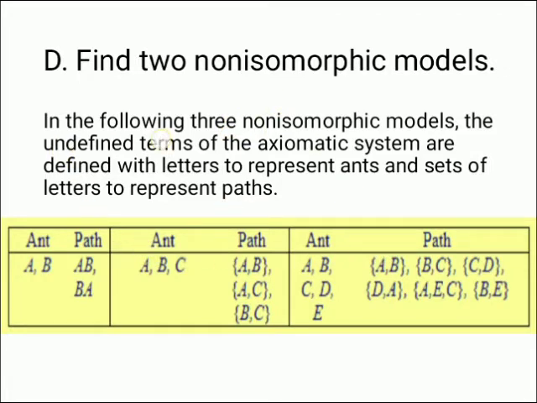So, in the following 3 non-isomorphic models or different models, the undefined terms of the axiomatic system are defined with letters to represent ants and sets of letters to represent paths. So, bali itong mga single letters na to, nire-represent niya yung mga ants. While yung set of letters naman na to, nire-represent niya yung mga paths.